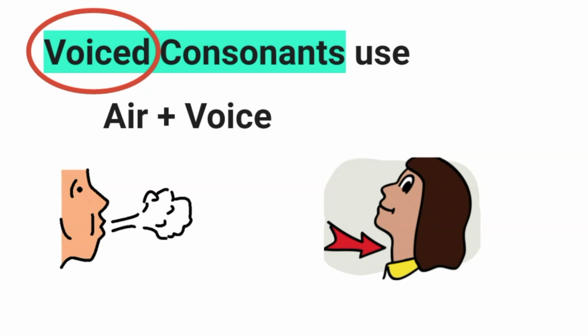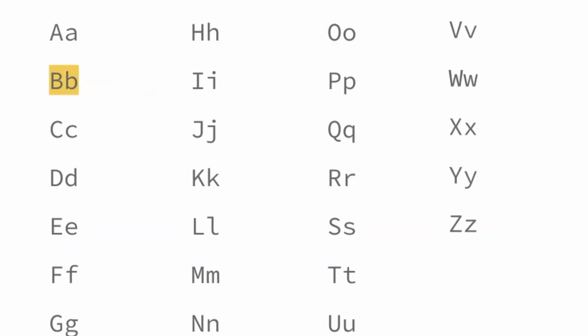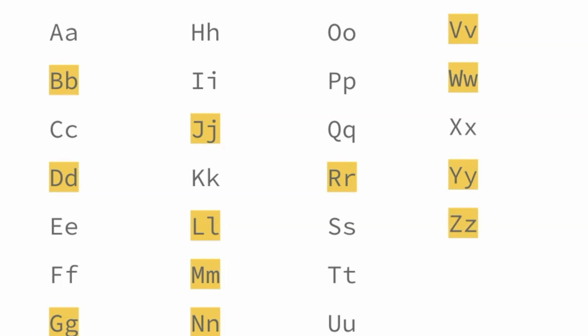Let's take a closer look. B is a voiced consonant. B, d, g, j, l, m, n, r, v, w, y, z.